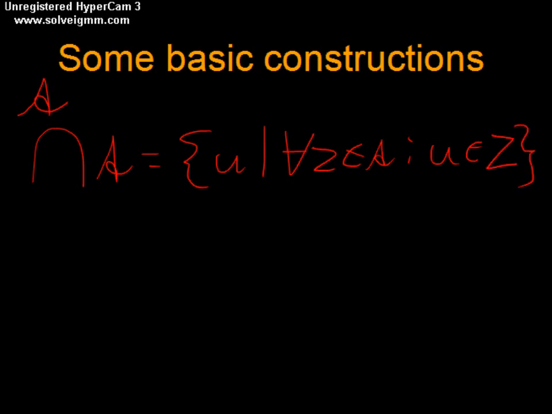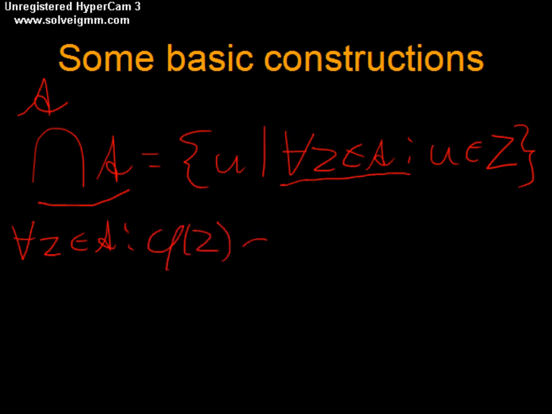So intersect A is the set of all the elements u that are in all elements of A. Now recall, this notation is just a shorthand. So for all z in A, phi(z) is just a shorthand for: for all z, if z is an element of A, then phi(z).